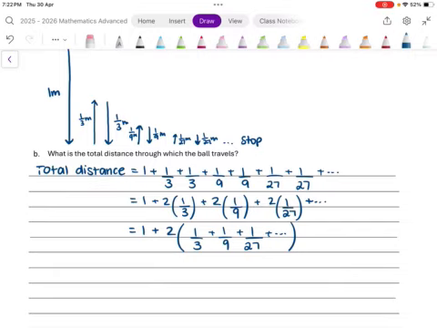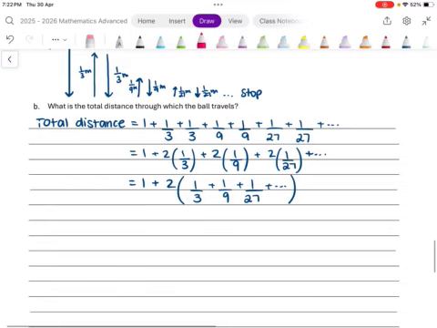So we can factorize out that 2. This is where we have 1/3 plus 1/9 plus 1/27 is a geometric series.